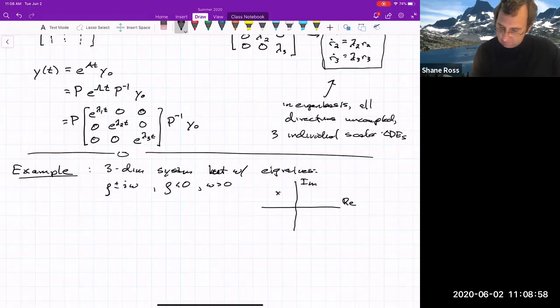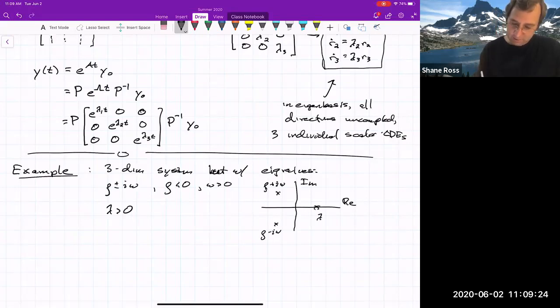So we've got something like that. So this is rho plus i omega, and here's rho minus i omega. And we need 3 eigenvalues, so the last one has to be real. And so we'll say there's lambda, and just for kicks, say lambda is greater than 0. Okay, so here's lambda.